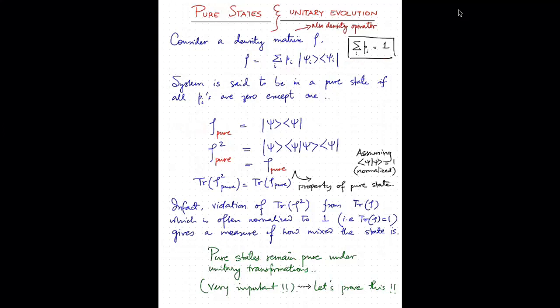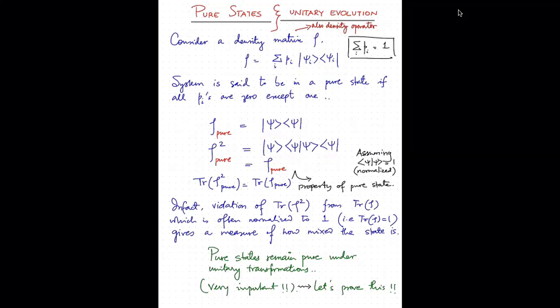Now if we take the square of rho pure, we get this, and then again we get the same thing, but noting that psi is normalized, so the inner product of psi with psi is equal to 1, we get rho pure squared equal to rho pure. Then you can take the trace on both sides to establish that the trace of rho pure squared is equal to the trace of rho pure, and this is a property of a pure state.